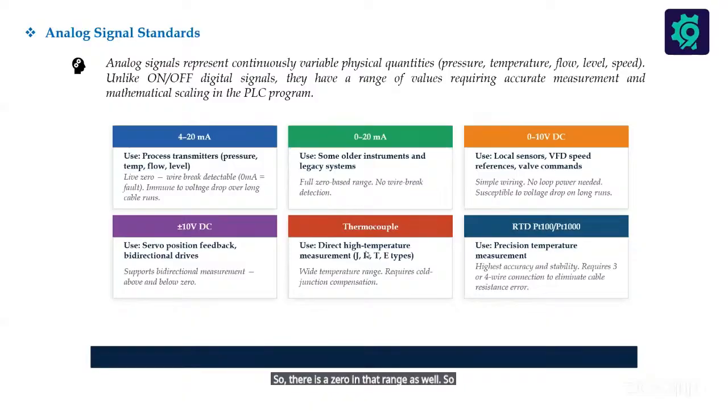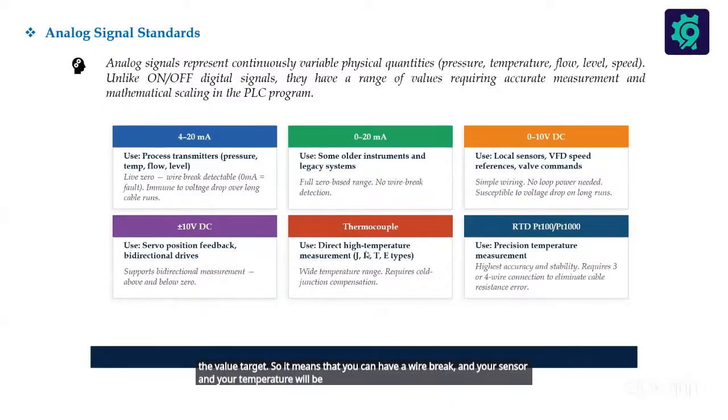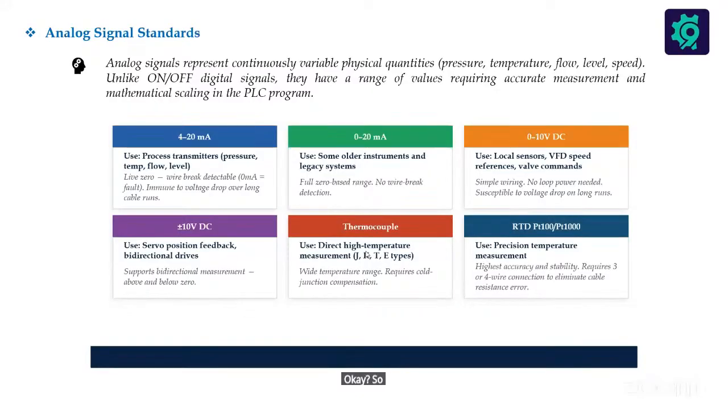So there is a 0 volt in that range as well. At that 0 volt, that's meant to be the 50%, when the physical variable has reached 50% of its value. However, if there is a wire break, 0 is also the value that gets in. So you can have a wire break and your temperature will be saying 50 degrees centigrade.